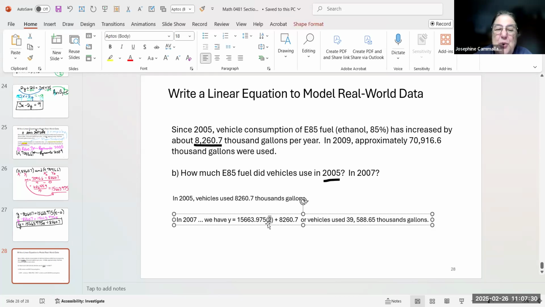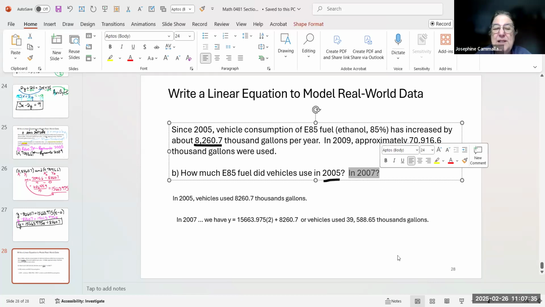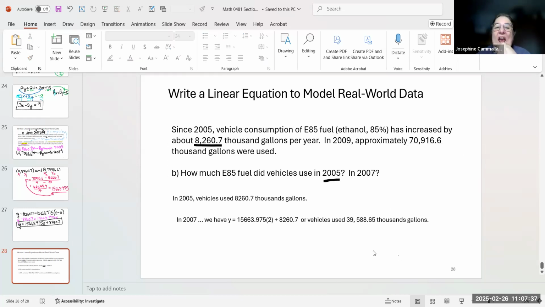We put that 2 in our equation for 2007. Now, this is the answer to the story problem.